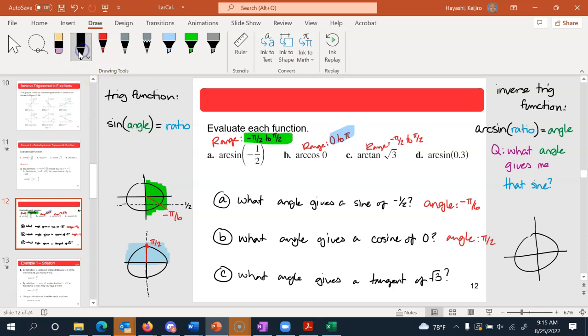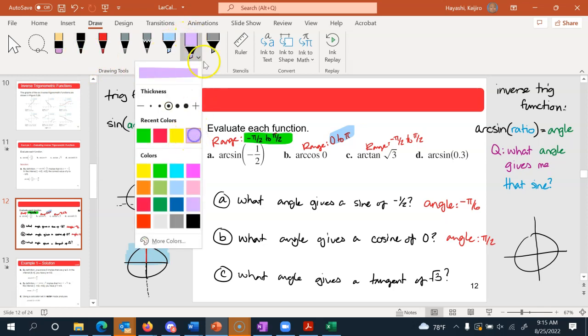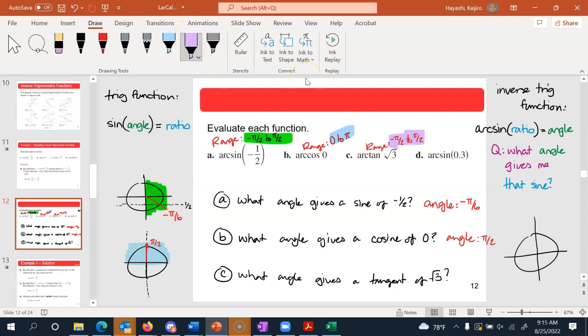It's not something that I can necessarily tell immediately, but let's remember to restrict ourselves to this range, negative pi over 2 to pi over 2. Okay. Since this is a tangent and it's the ratio of the y to the x, there's not really a place to draw a line on the graph.